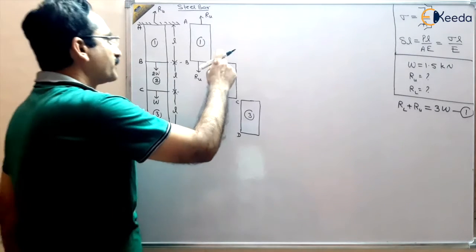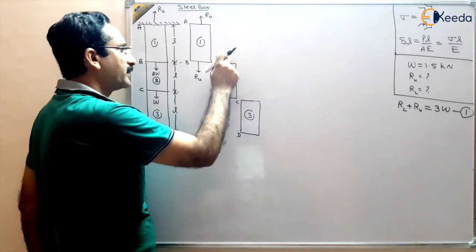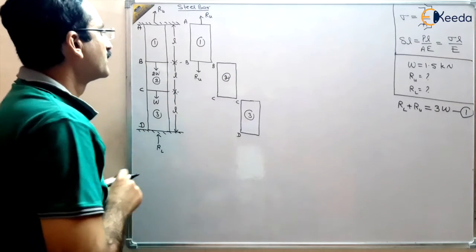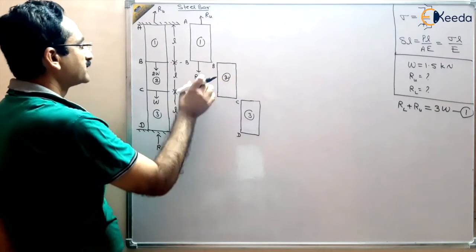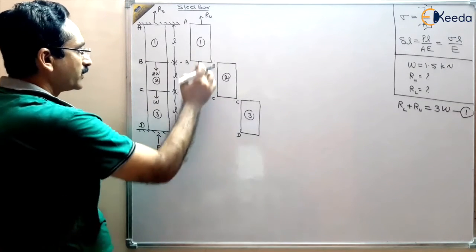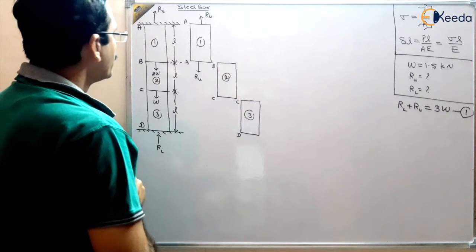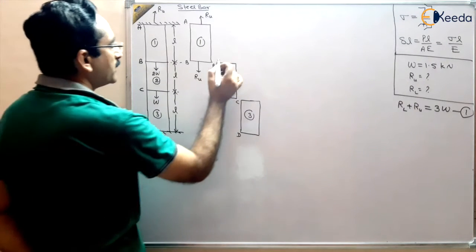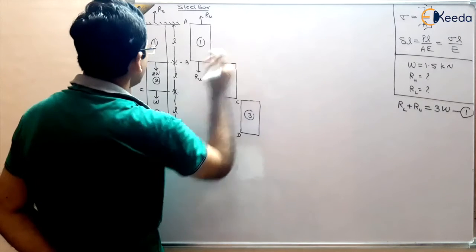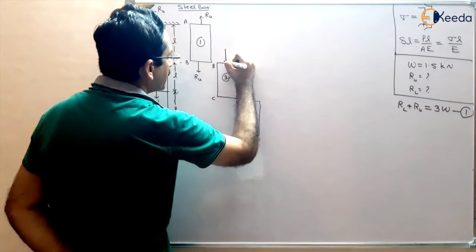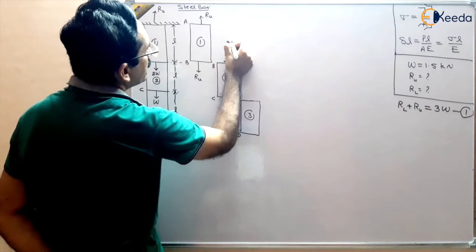What force should be applied here so that the sum of the two forces is equal to 2W in the downward direction? We can apply the force 2W minus RU in the downward direction.